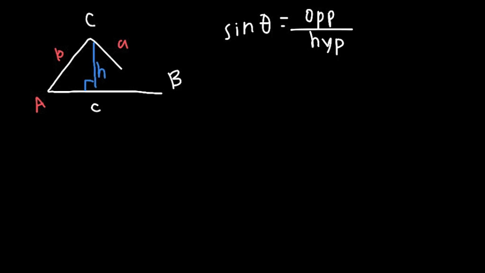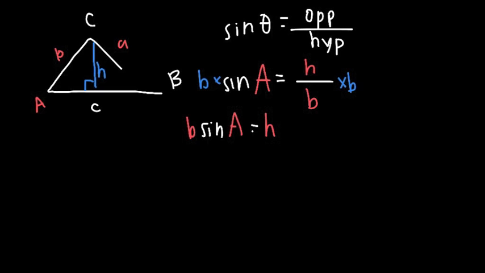This makes the sine of angle A equal to the height, or H, over the hypotenuse, which is B, for this triangle. Then we can derive an equation to solve for the height in terms of A and little b. Once we find the value of h, this can help us figure out how many triangles there are, if any.